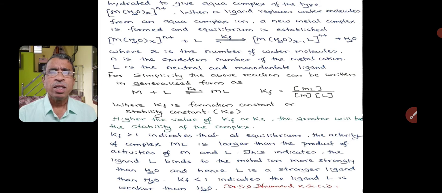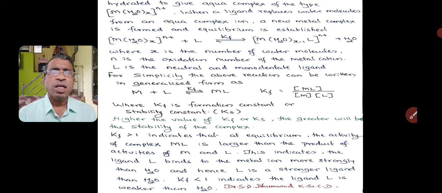If I take the aqua complex M(H2O)x with oxidation state n+, when ligand L comes, then M(H2O)x-1 L attaches, with oxidation state n+, giving out a water molecule, where x is the number of water molecules, n is the oxidation number of the metal cation, and L is the neutral monodentate ligand.